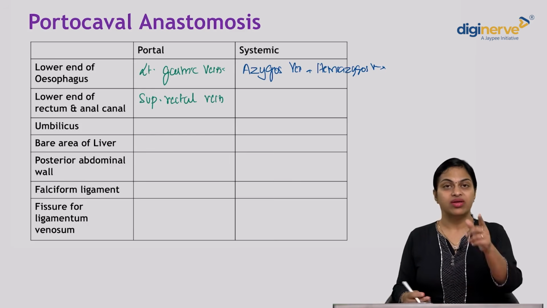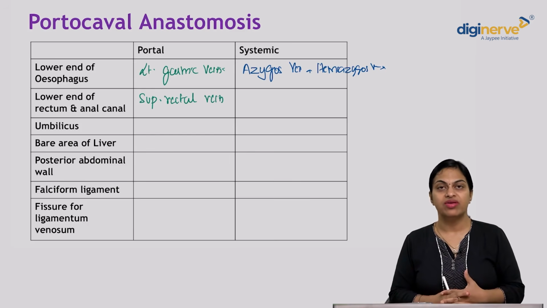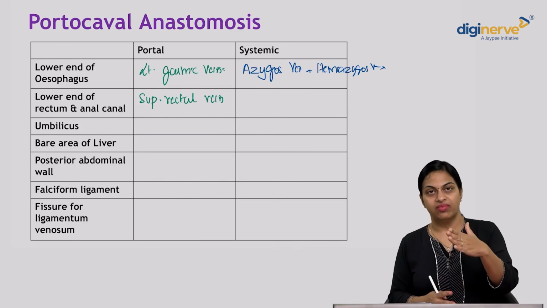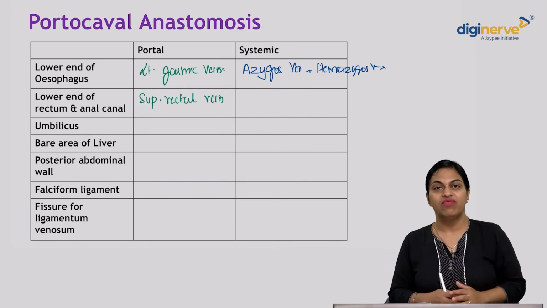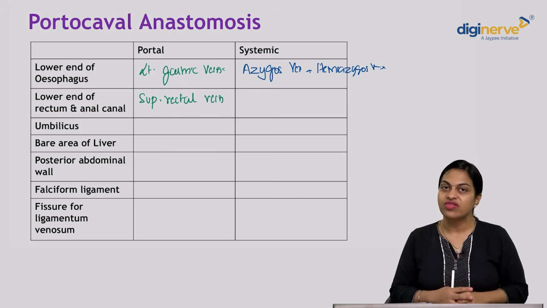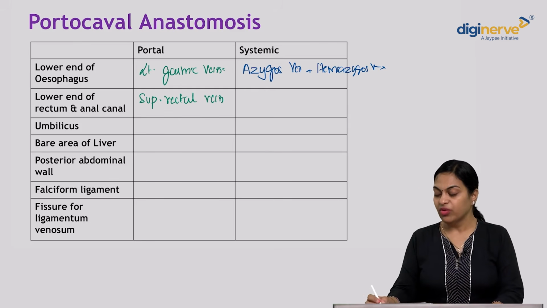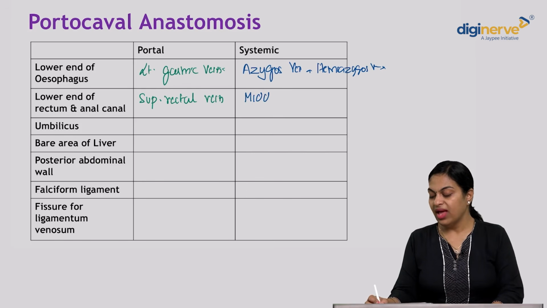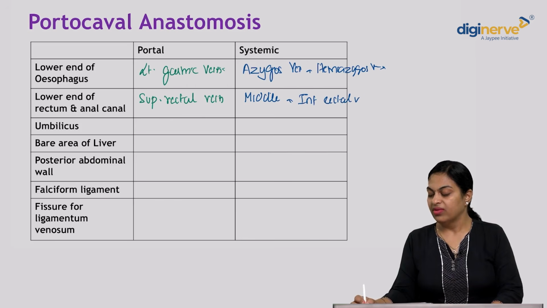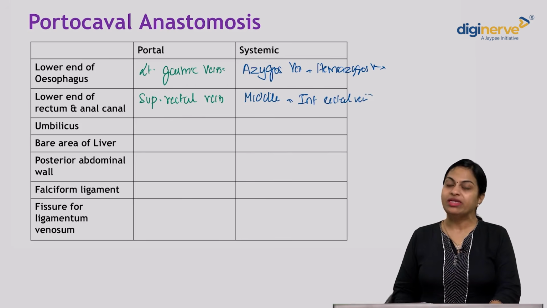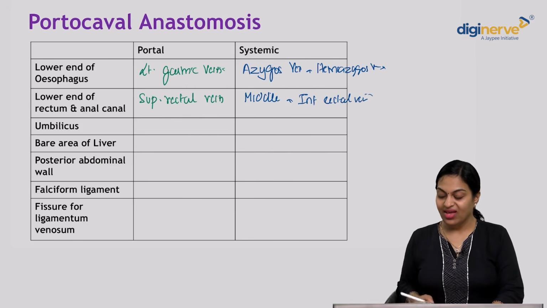We know that the superior rectal artery is a continuation of the inferior mesenteric artery. So the superior rectal vein will continue with the inferior mesenteric vein, and that opens as a tributary of the splenic vein. Here, the systemic tributary will be the middle and inferior rectal veins, which will open into the internal iliac vein.